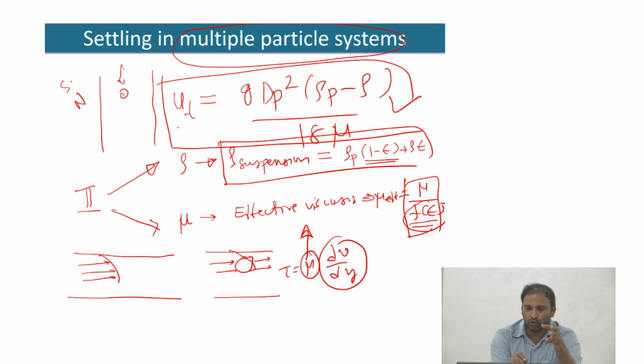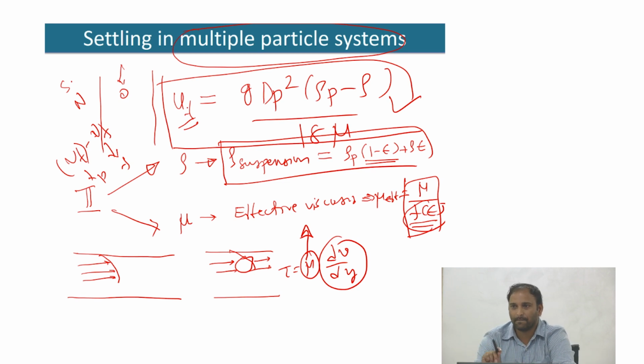Though this is ut, it should actually be ut minus u of fluid. This is for the particle and this is for the fluid, but since the fluid is stationary, it basically turns out to be the terminal velocity of the particle itself.